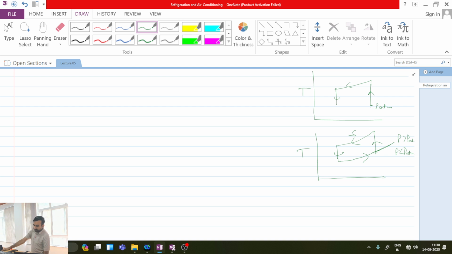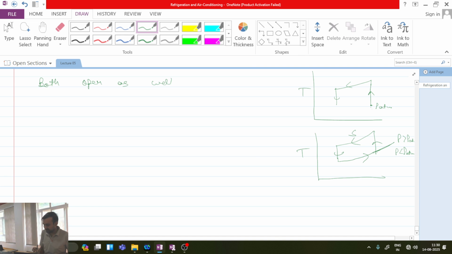Now the reverse Brayton cycle has flexibility. It can operate in both open as well as closed conditions.